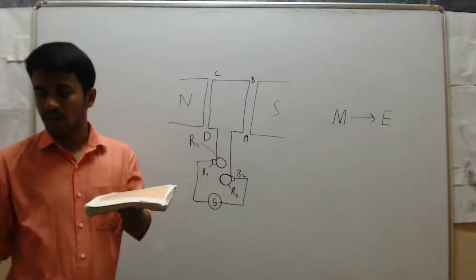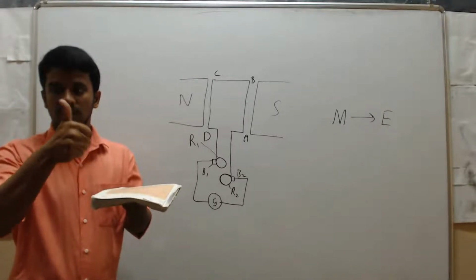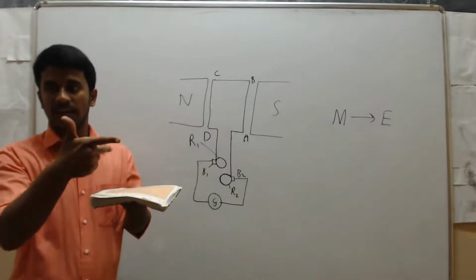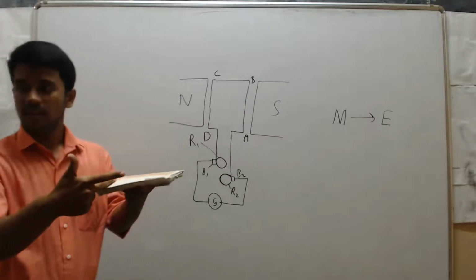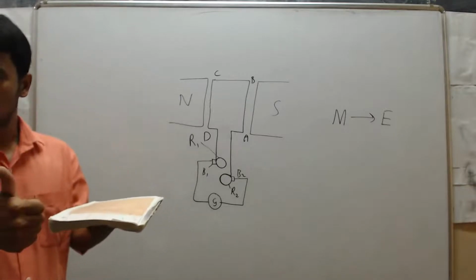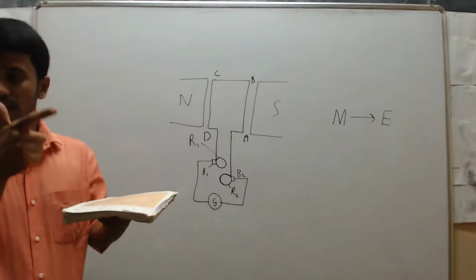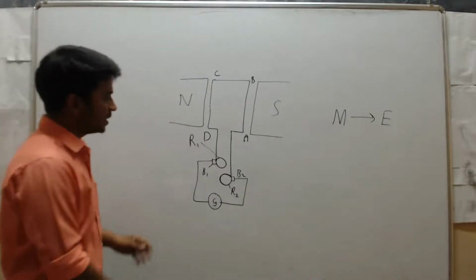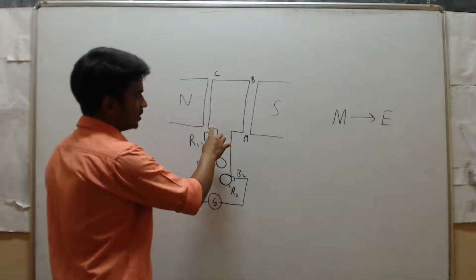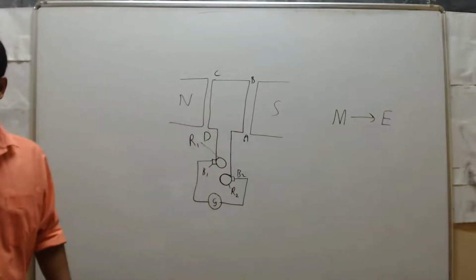Clear? Now see here, force direction, magnetic field direction, then current direction. Listen carefully. Thumb, magnetic field, then motion. Now in which direction is the current induced?